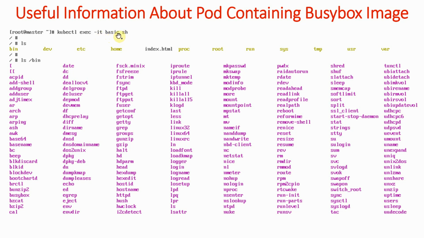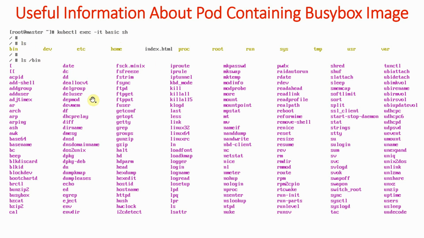So when we are going to run the command ls, it is going to show you how many commands are available. This is the image we use for diagnostic purposes. That means a very small image still contains a lot of utilities, so many commands.